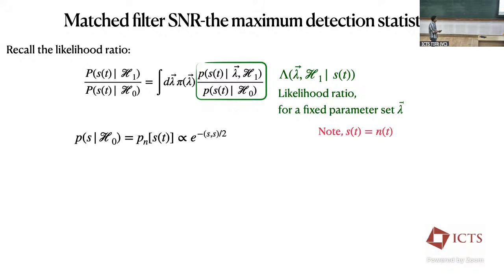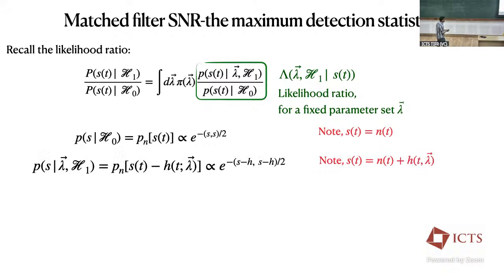This is hopefully clear. So if there was no signal in the strain data, then I have just derived that the probability goes as e to the power of minus half of the inner product of the strain with itself, because now the strain is only noise.